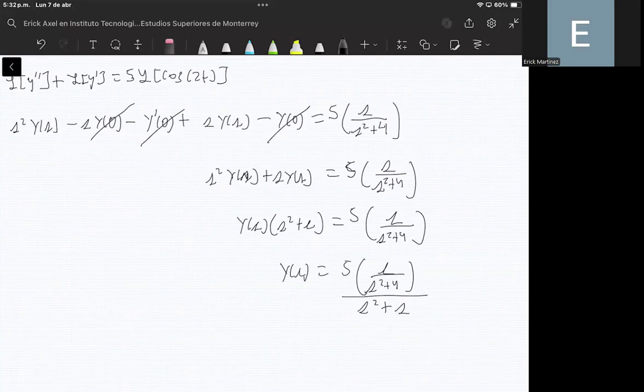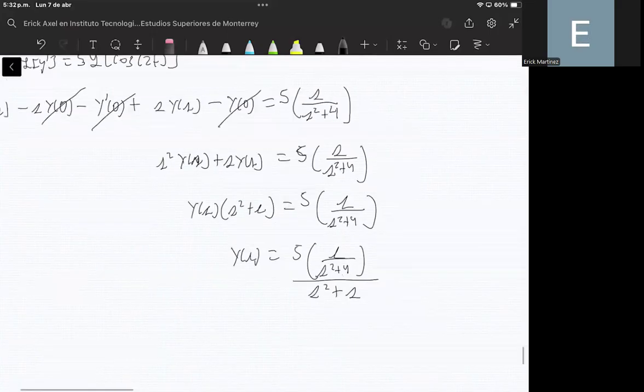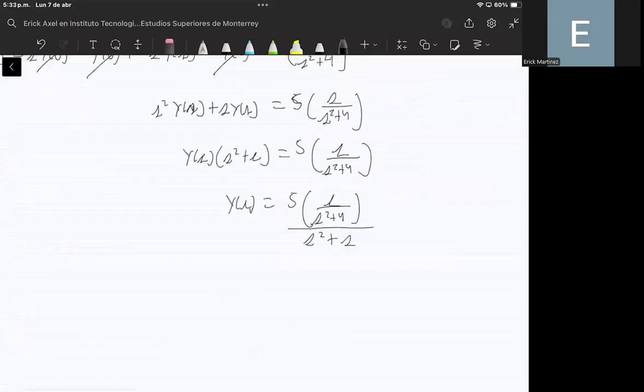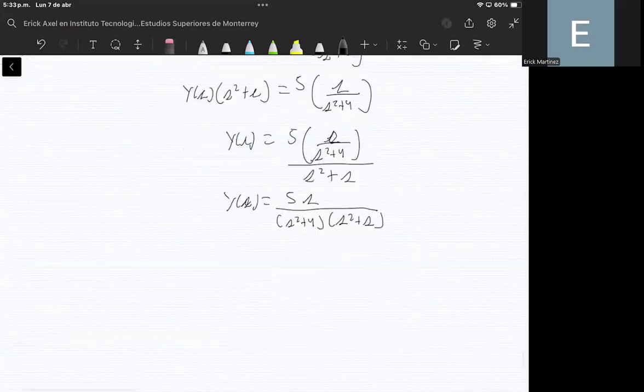Okay, so this is the way in which you can solve it. I will express this in a different format. So we have Y(s) equal to 5 times s divided by (s squared plus 4) times (s squared plus s). This is the step in which you need to expand this function using the partial fraction expansion.